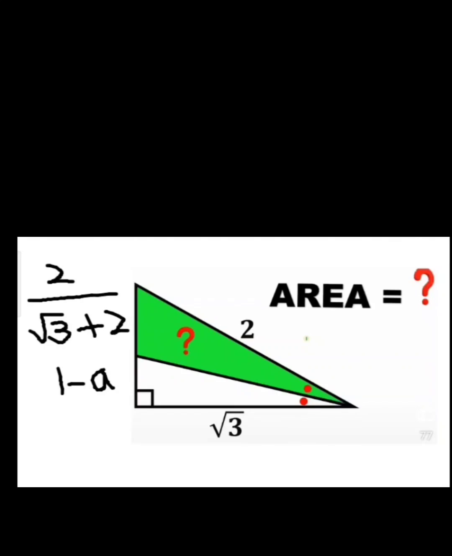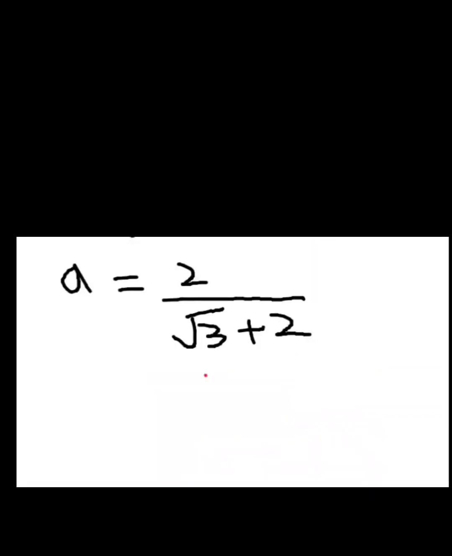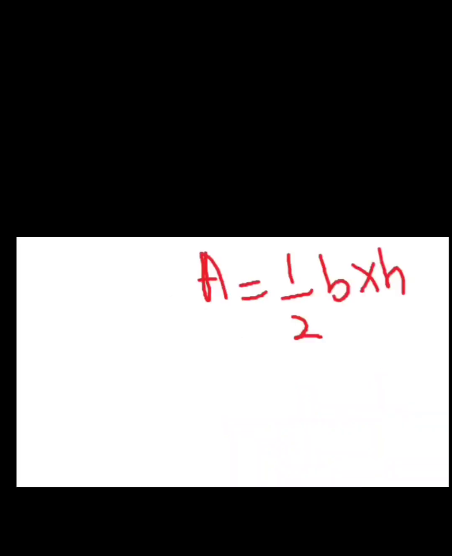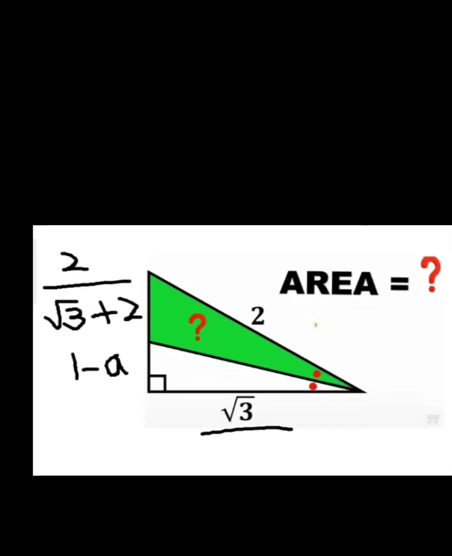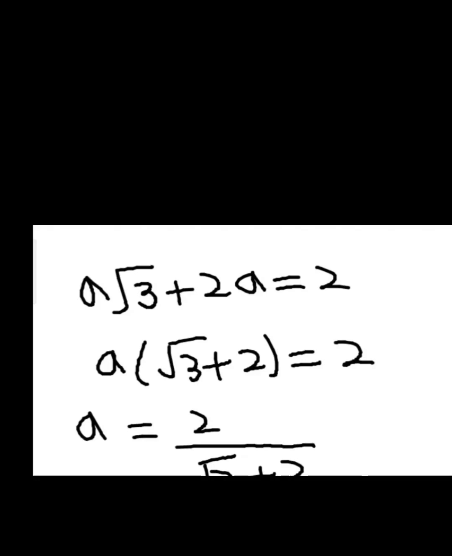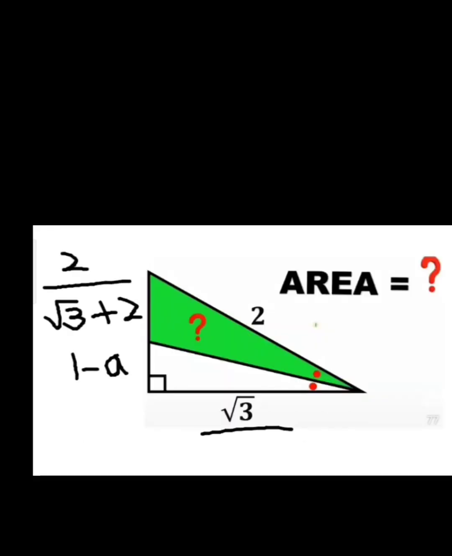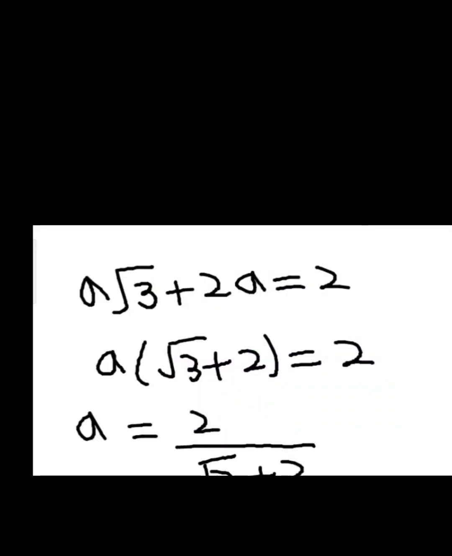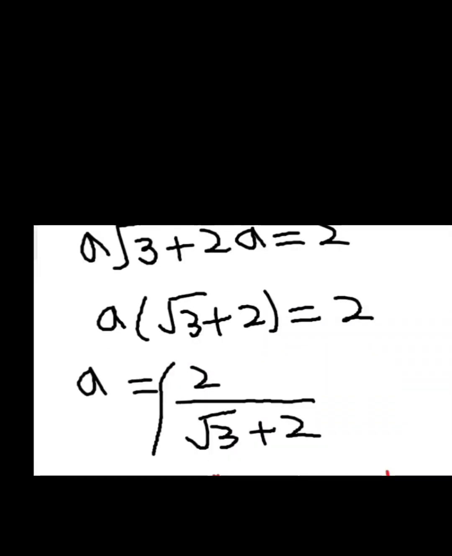Now we have all three sides of the triangle. According to our formula, area is equal to 1 over 2 times B times H. So we can write area is equal to 1 over 2 times B, which means square root 3, times height, which is 2 over square root 3 plus 2.